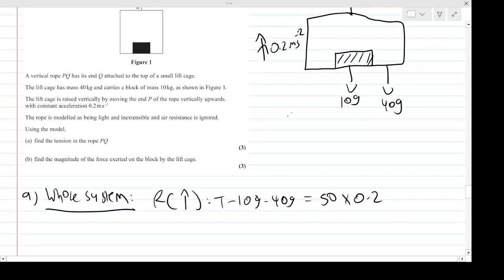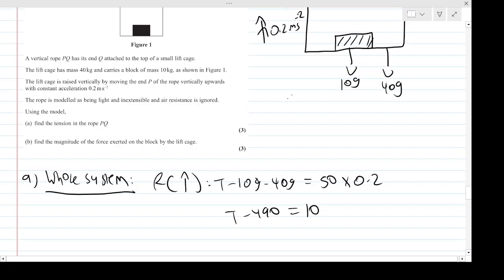So if we simplify this, 50 times 9.8, so we get T take away 490 is equal to 10, right? That's there we are. So if we add 490 on, we get the tension to be 500 newtons. So that's the tension in the rope.